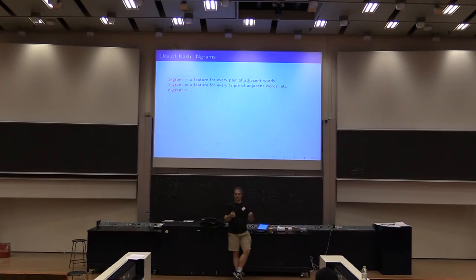One obvious way is with these n-grams. So now the question is, how do we compute the hashes for the n-grams? A bigram, a 2-gram, is a feature for every pair of adjacent words, or a feature for every triple of adjacent words, or a feature for every n adjacent words.